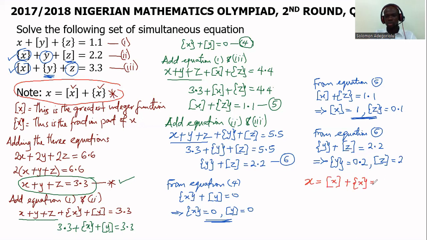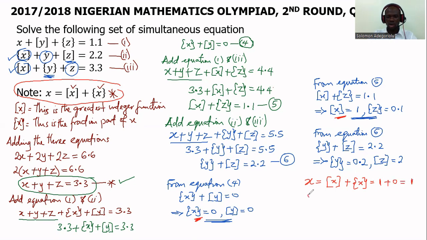What is the greatest integer of x, based on what we have gotten so far from equation 4 to equation 5? That is 1. And the fraction part of x is 0, so we have 1 plus 0, and that's going to give us 1.